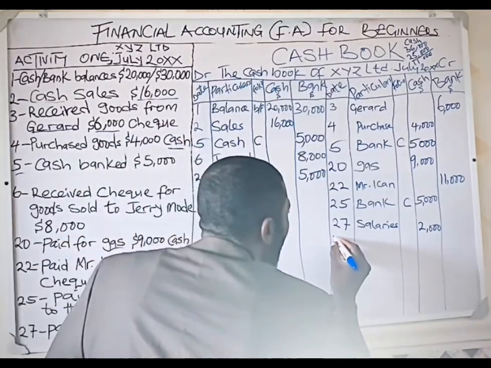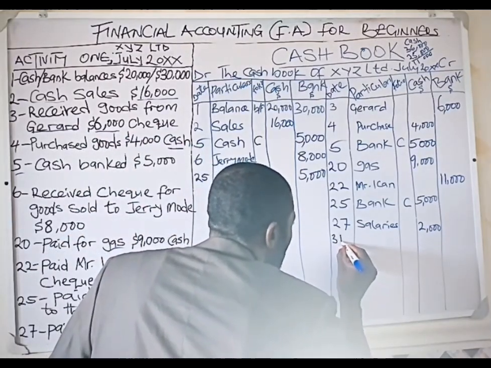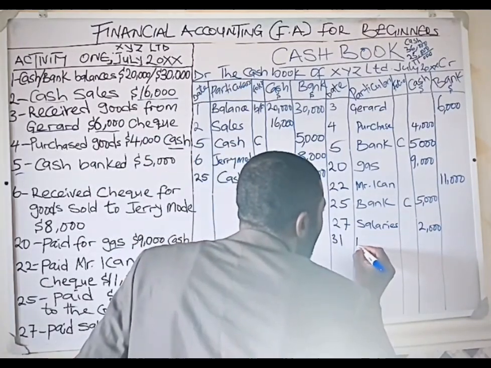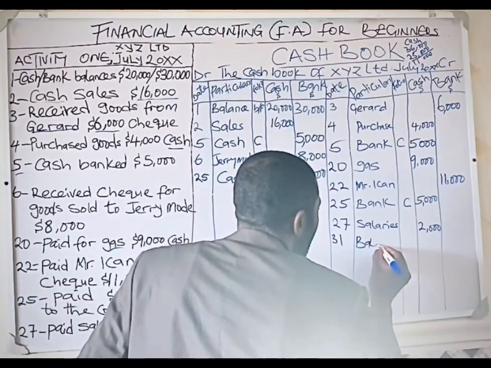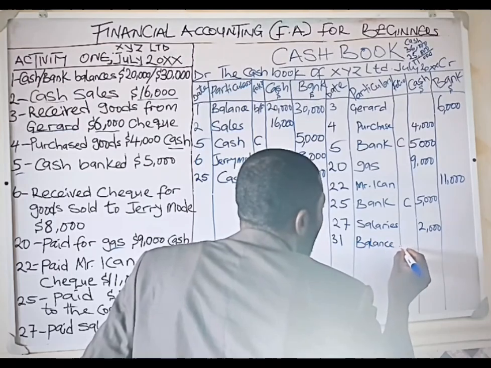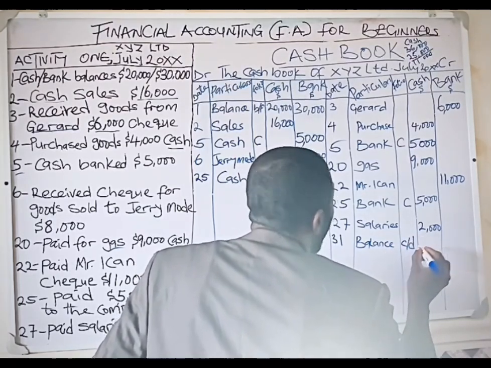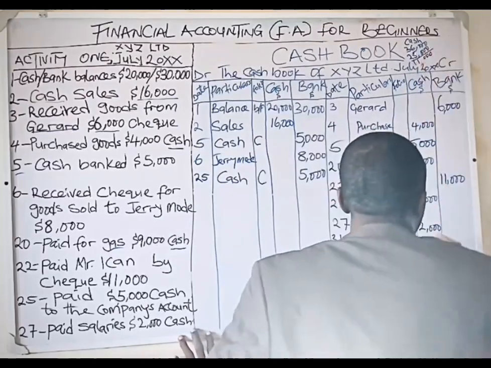You say at the end of this July, which is 31st of July, balance CD carried down of $11,000.